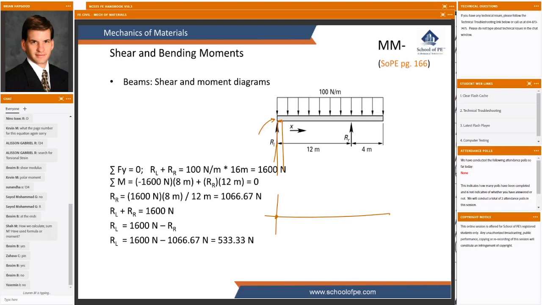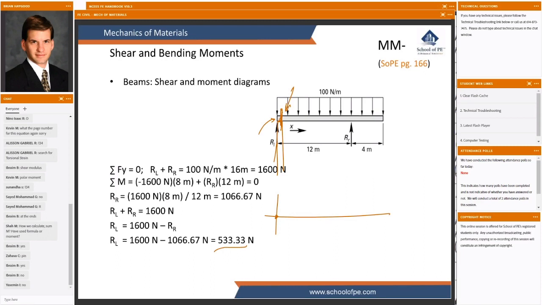And then somehow over the first 8 inches, I would be applying a total of 533 newtons across 8 inches. By the time I got to the 8-inch mark, the shear in that beam would be a total of 533 newtons pushing up and 1,600 newtons of distributed load pushing down.